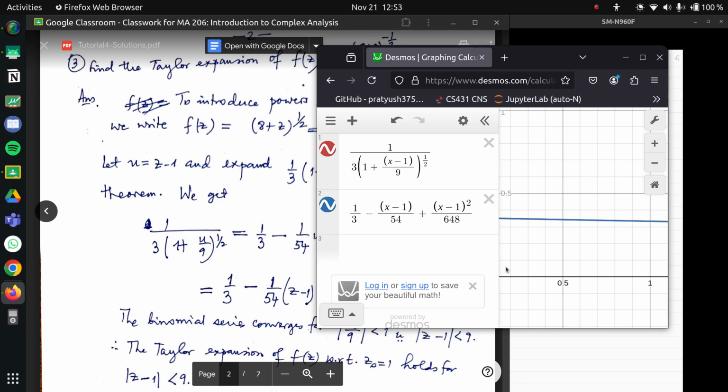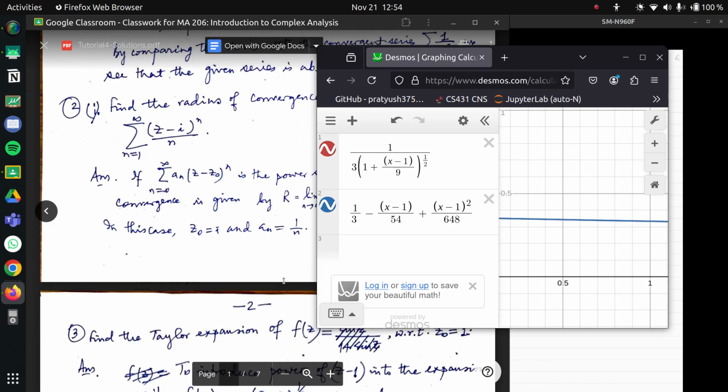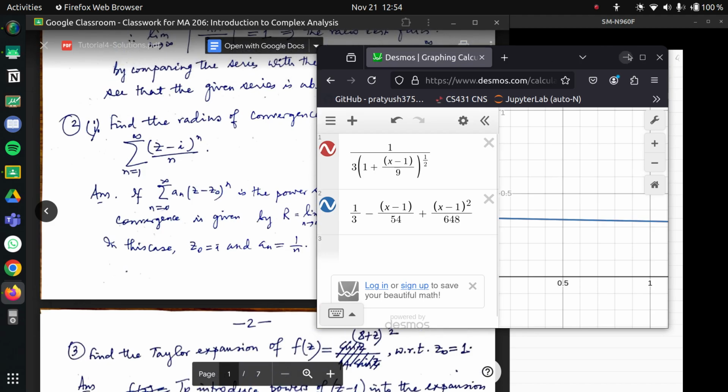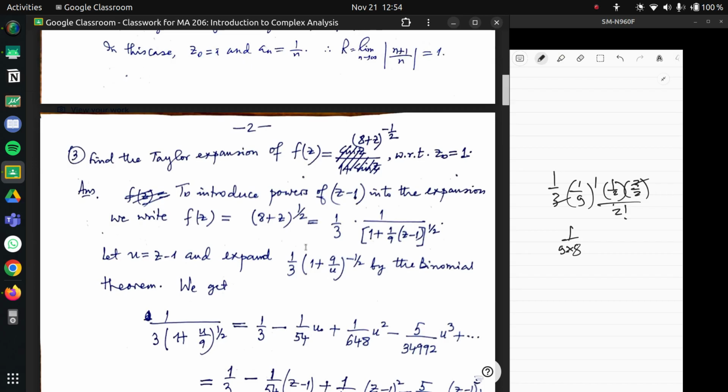That's just impossible. 54. Okay, I don't know. I'll look into it. Fine. I don't think this is the right expansion, but okay, I'll go ahead with it. Yeah, I definitely don't think this is the right expansion.